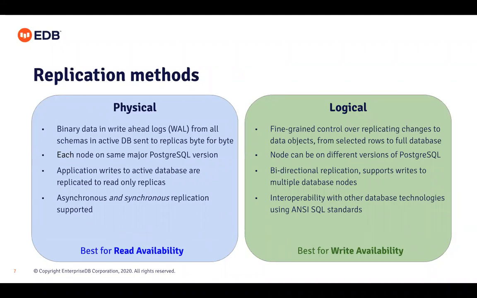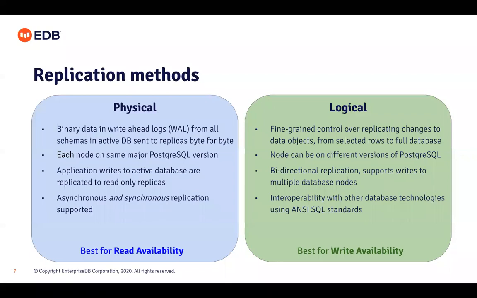Through the use of row level filtering, we can select specific rows to be changed and replicated over to the replicas, or it could be all of the tables in a database, or a subset of the tables in a database, or in one of the schemas in the database, to scale up to everything that might be in the cluster. So a lot more control over what gets replicated.